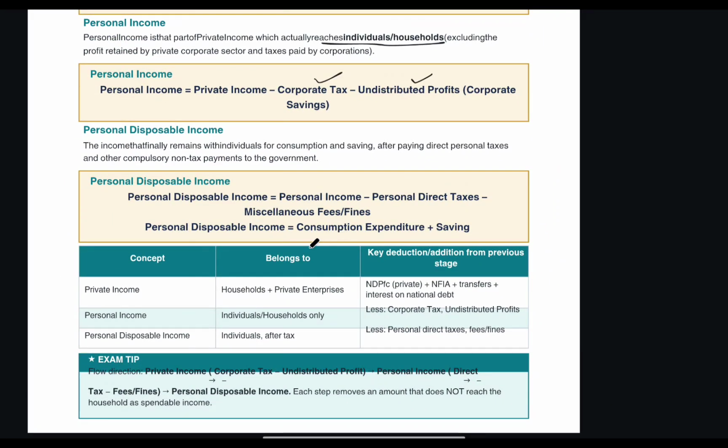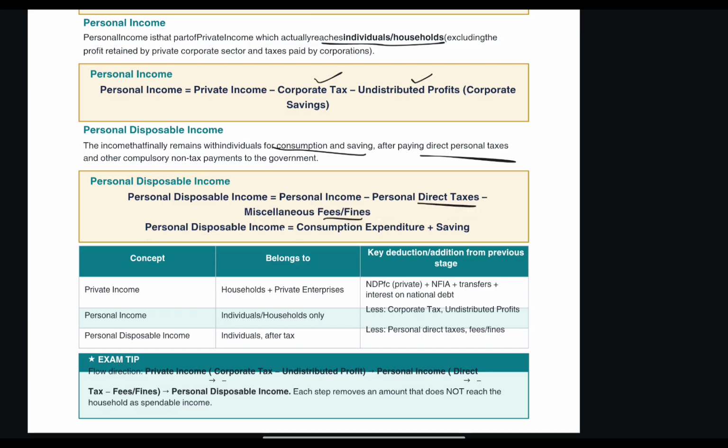And what is personal disposable income? The income that finally remains with the individual for consumption or saving after paying their direct personal taxes and other compulsory non-tax payments. So personal disposable income is equal to personal income minus direct tax minus any miscellaneous fees or fines.